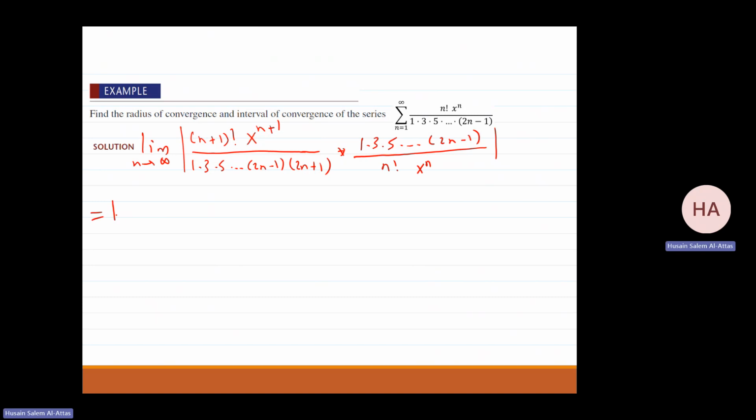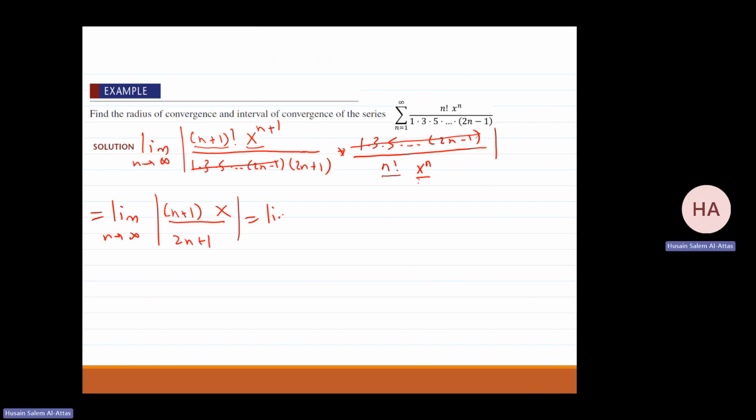Be careful, this with this gives me n plus 1. This with this gives me x. And this cancels with this, over 2n plus 1.